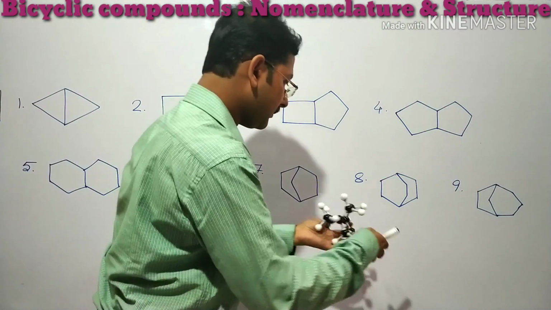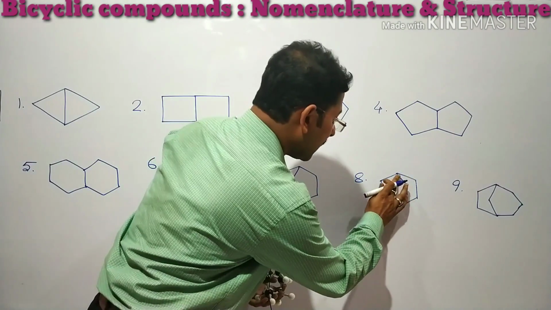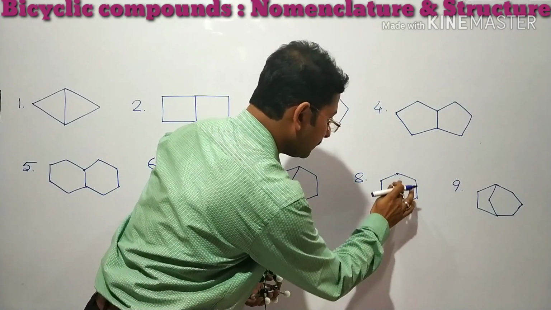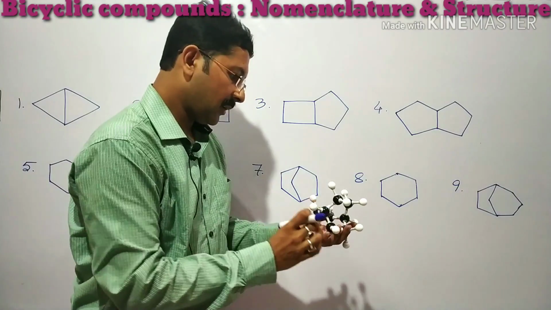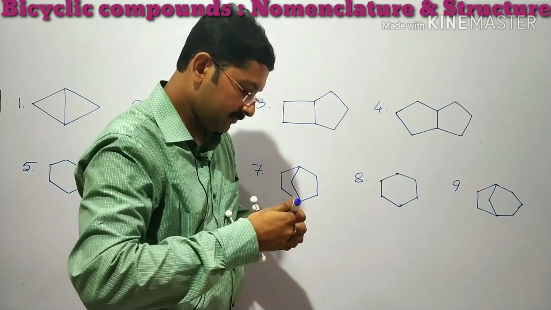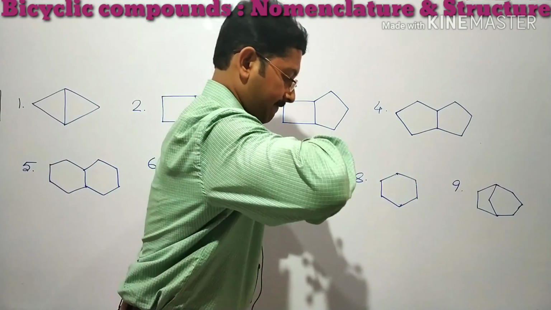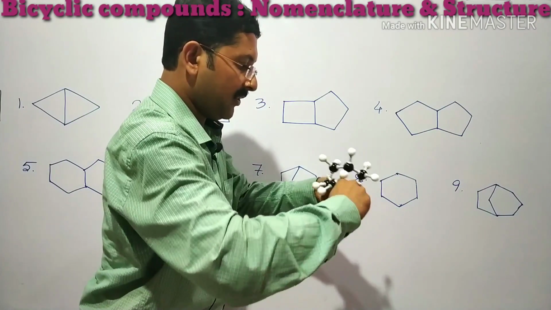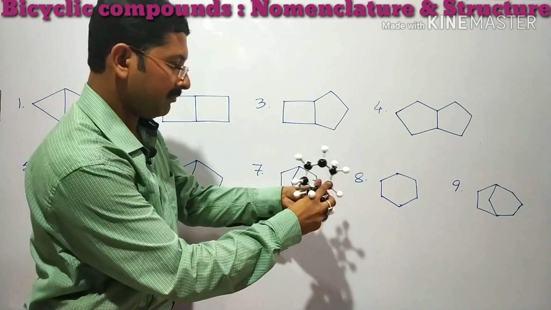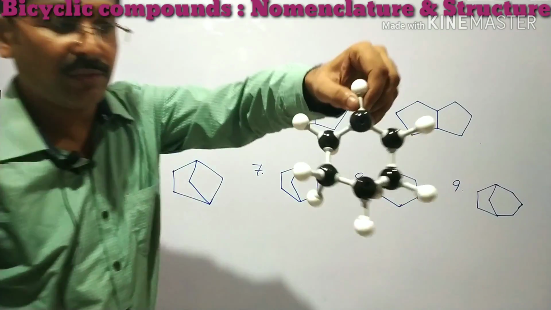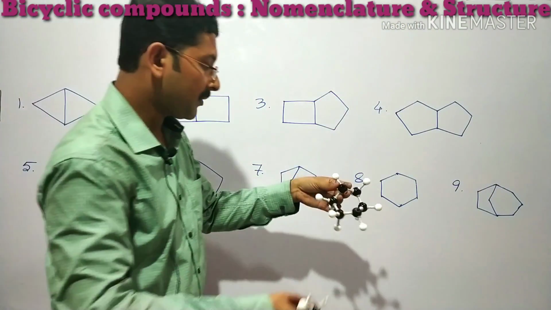Look at here. If we omit these 2 carbons, we just disconnect these 2 carbons. Okay, this is a 6-membered ring, a cyclohexane ring.